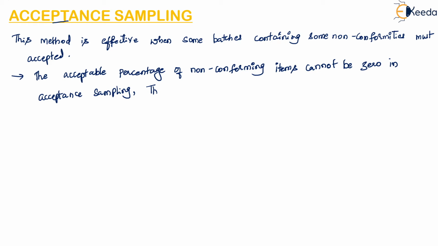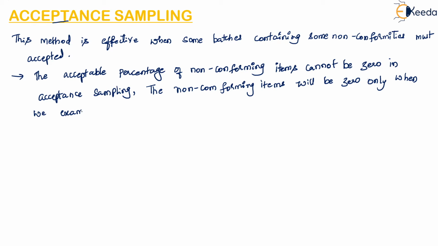The non-conforming items will be 0 only when we examine every item and remove any which are non-conforming.